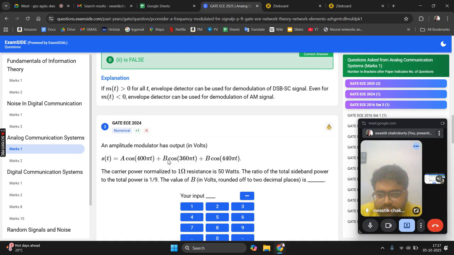We can see that A cos 400 pi t is the carrier, this is the lower sideband, and this is the upper sideband. The ratio of total sideband power to the total power is 1 by 9.